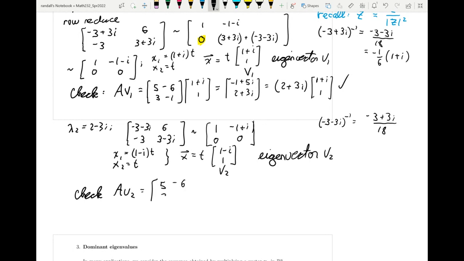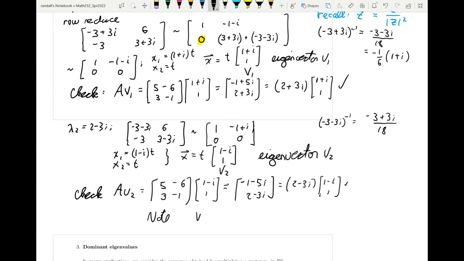So 5, -6, 3, -1, times 1 minus i, 1, and we'll get -1 minus 5i, 2 minus 3i, which we can write as 2 minus 3i times 1 minus i, 1. So it does work. And we also note here that the eigenvectors themselves are conjugates of each other, just as the eigenvalues are. Their entries are conjugates of each other.